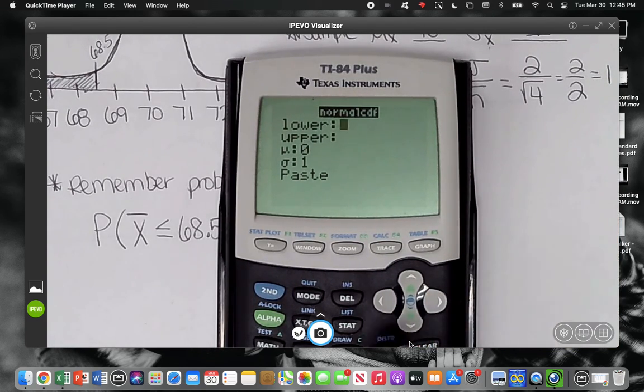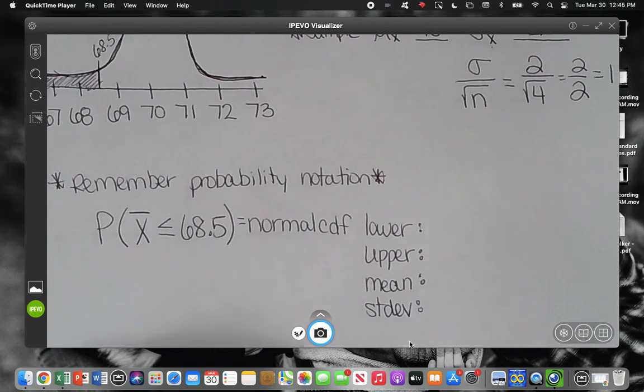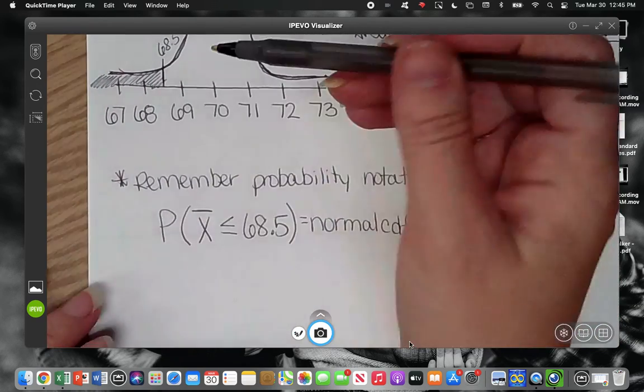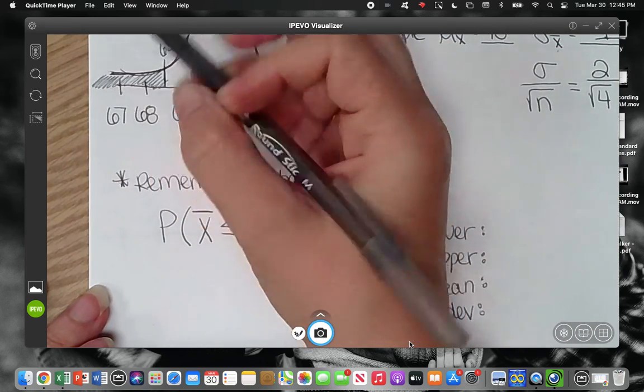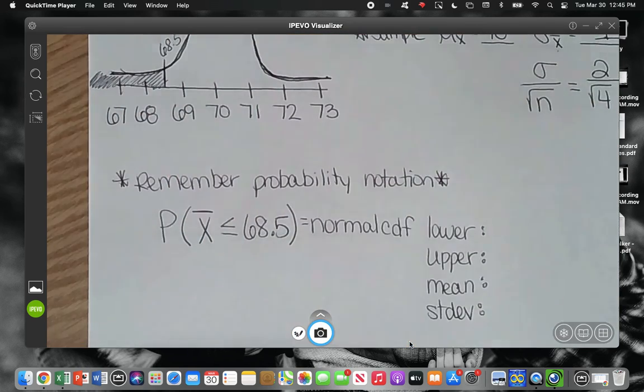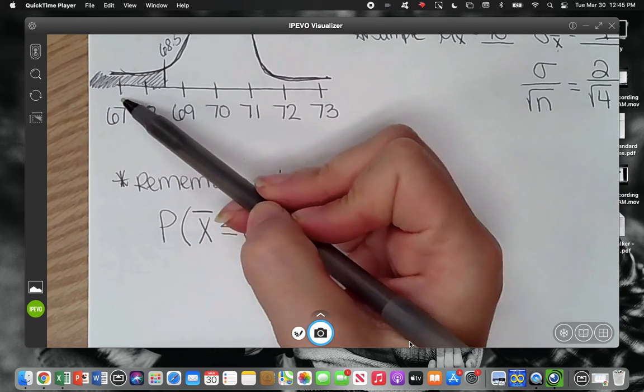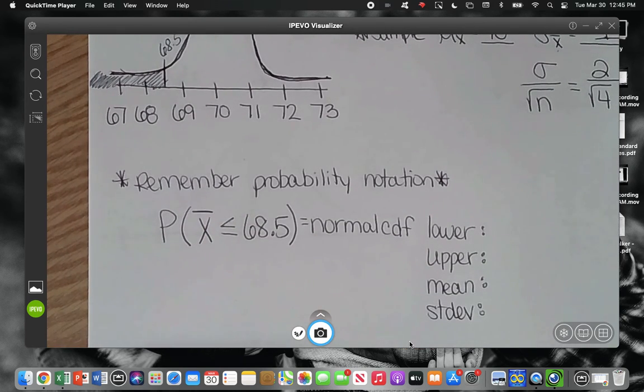All right, so my lower is always my smallest number that I'm shading. Now, right here, it starts from 68. Now, obviously, this could go all the way down to 0. But as long as you're picking a number in your range that's way less than 67, like I will tell you for your lower, if you put in 60 or 40 or 20 or 0, your answers aren't going to be that much different because they are so far away from 67 that it's going to change like by the 10,000ths of a decimal.